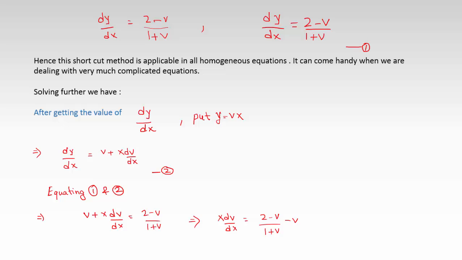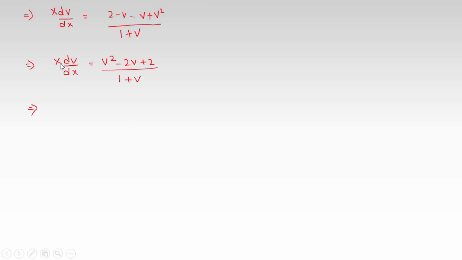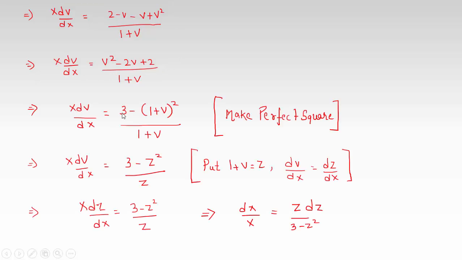That implies x dv by dx equals (2 minus v) upon (1 plus v) minus v. We just took this particular v to the right hand side to get this. Now further solving it, taking the LCM of minus v, we get this equation. By further solving it, we get x dv by dx equals (3 minus (1 plus v) square) upon (1 plus v).